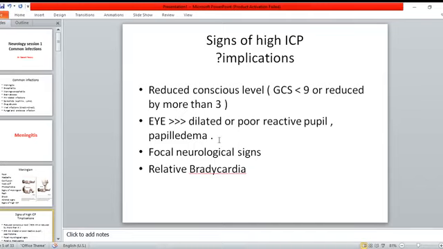If you have evidence of papilledema or reduced conscious level, doing a lumbar puncture in these patients is very dangerous and may lead to brainstem herniation.